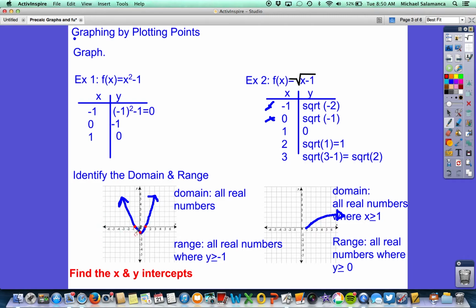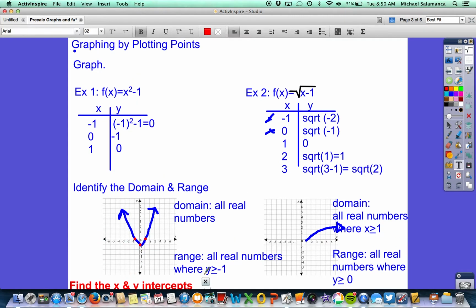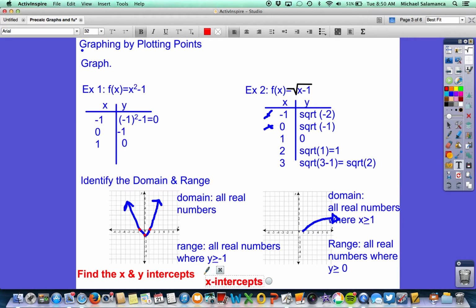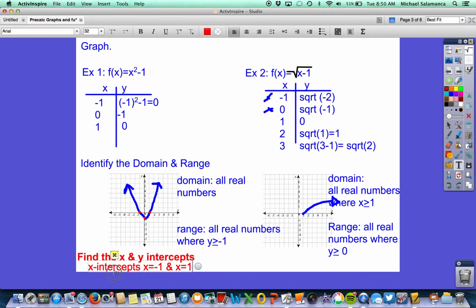So to answer our intercepts question, our x intercepts are at x equals -1 and x equals 1. Our y-intercepts are when y equals -1.